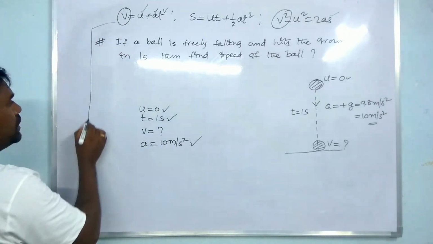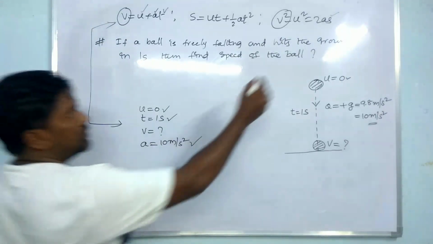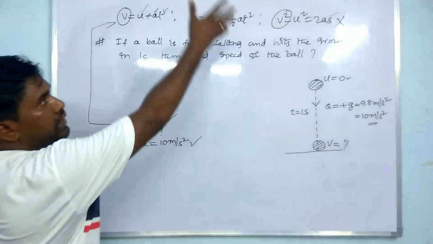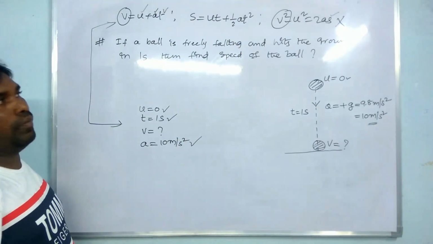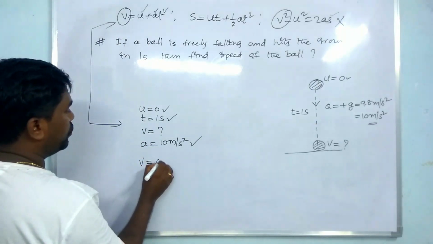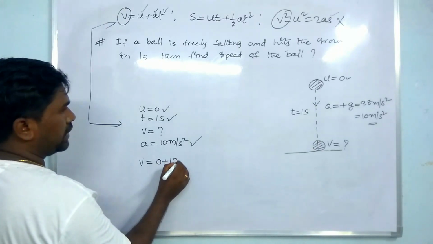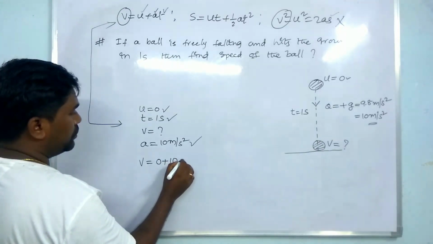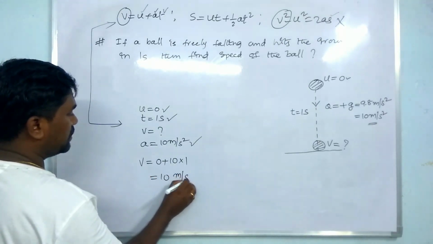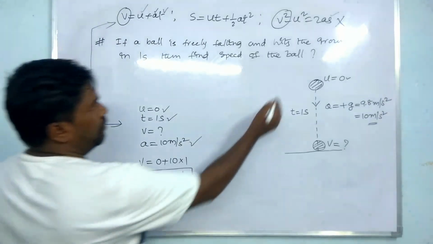Let us choose equation 2 here. The other one is not used because we don't know the distance traveled by the ball. Hence v is equal to u plus a t, with a equal to 10 meter per second square and t equal to 1 second. So v is equal to 10 meter per second. This is the speed of the ball here.